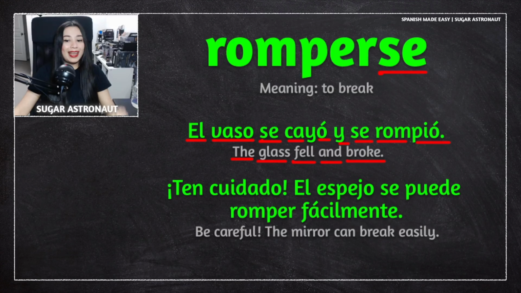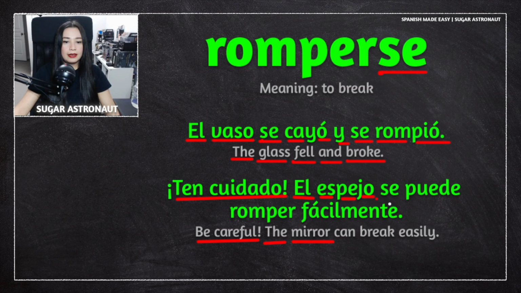Ten cuidado, el espejo. Just let me underline this so we know that we just talked about it. El espejo, el definite article, masculine. The, okay, so that's what it means. El espejo means mirror, okay? Espejo, it's a masculine noun.